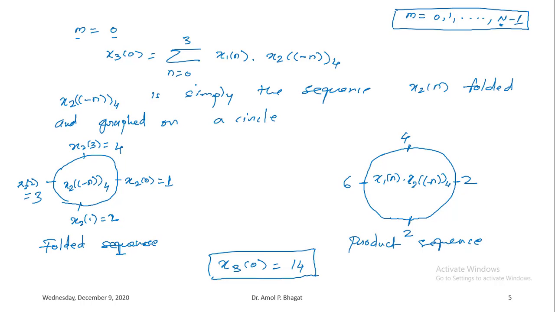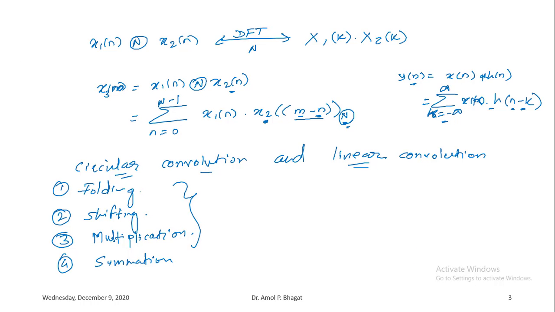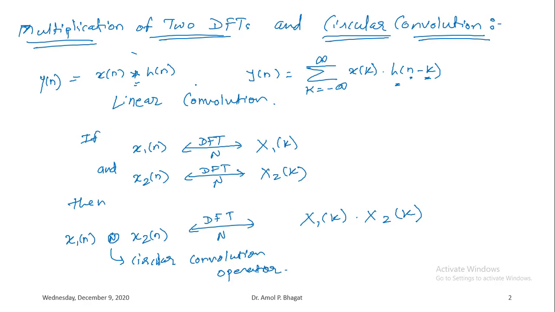So here in this session we had seen multiplication of two DFTs or circular convolution property of discrete Fourier transform, okay, where we can perform the circular convolution of these two sequences. So the circular convolution of the two sequences in frequency domain is nothing but the multiplication of their respective DFTs, right?